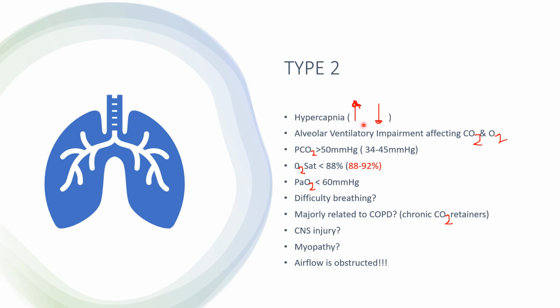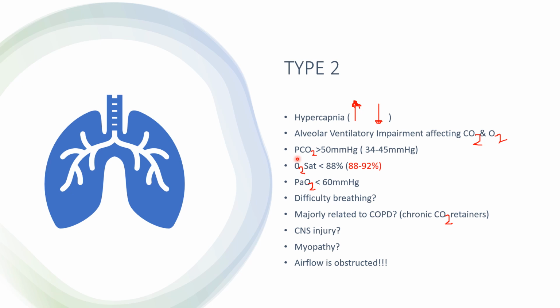The decreased level of oxygen here, particularly partial pressure of oxygen, is going to be less than 60 millimeters of mercury, mostly. Here, we'll be battling with alveolar ventilatory impairment, affecting the two gases, both CO2 and O2, that is carbon dioxide and oxygen.